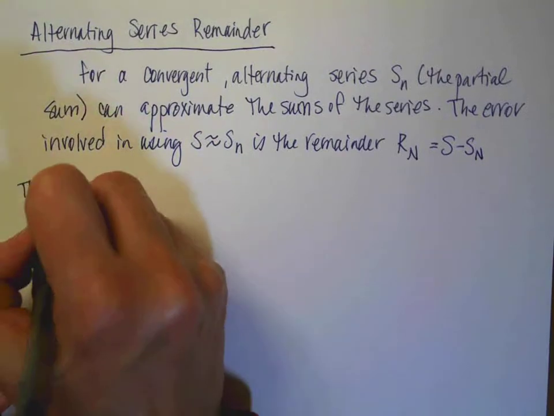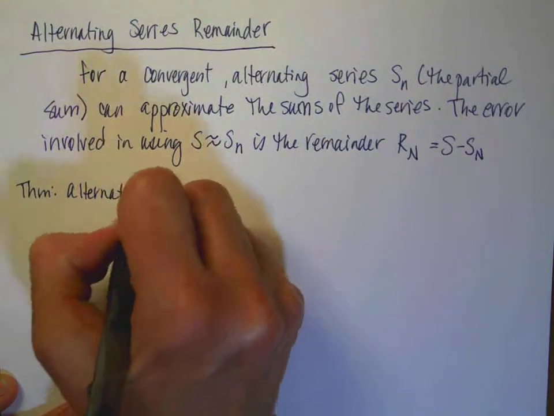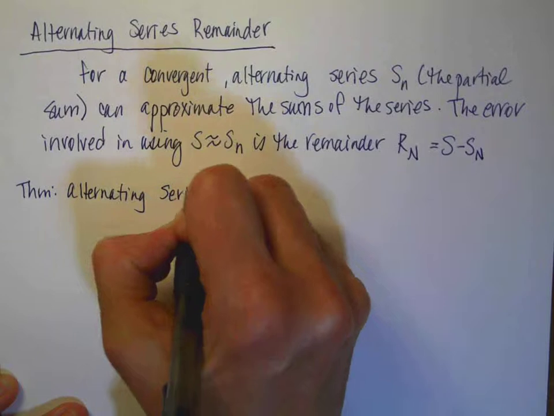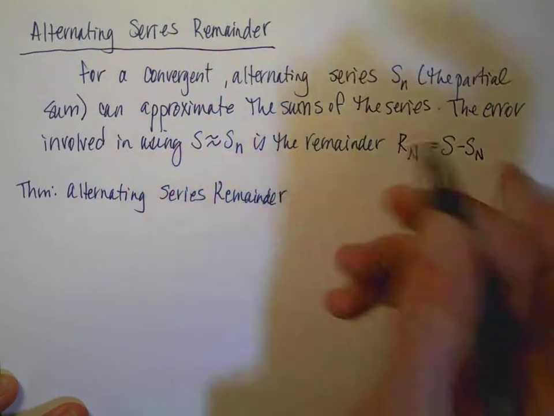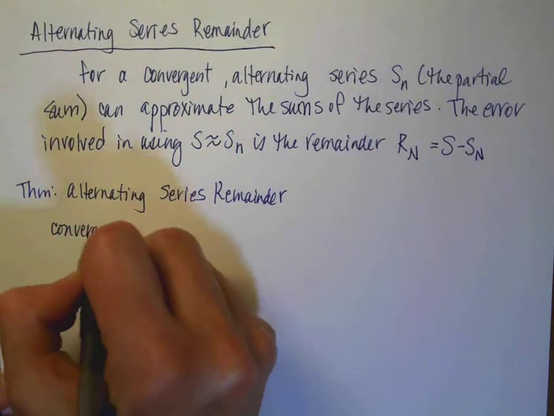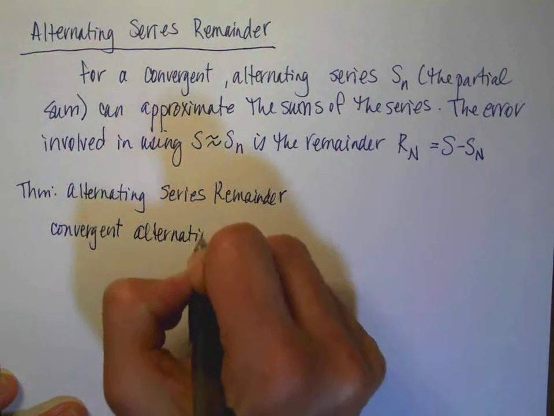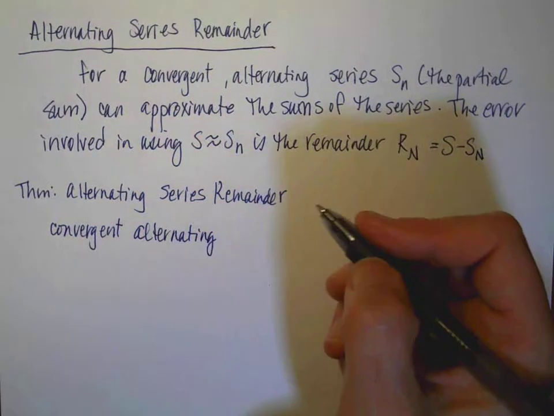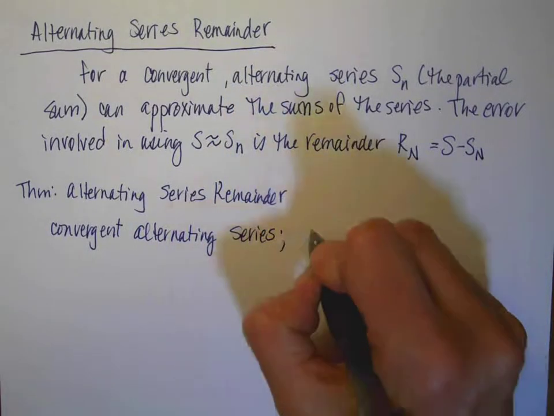Okay? So we have a theorem, and it's called the alternating series remainder. And it is going to be used for a convergent alternating series. So if it's divergent, then this wouldn't work. And if it was divergent, it wouldn't matter.